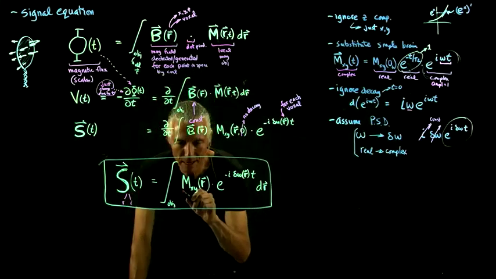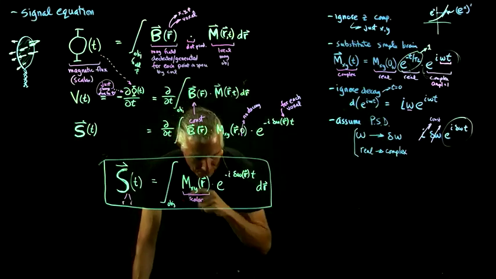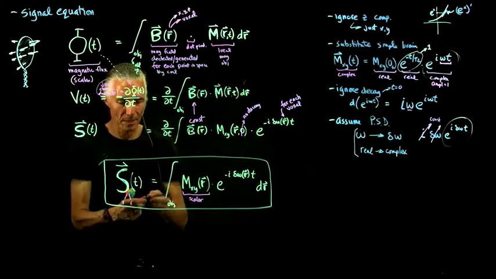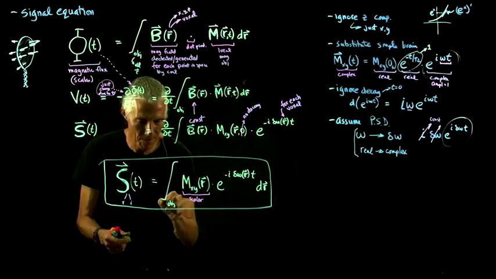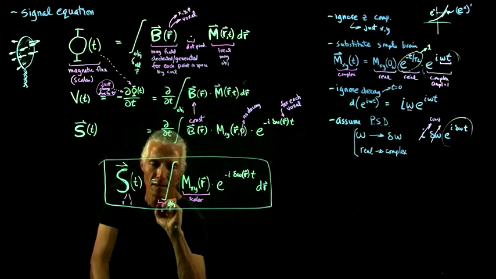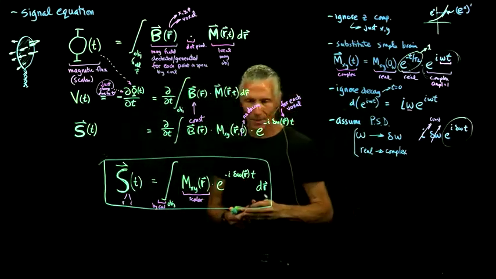This guy is a scalar. It's just the amount. This thing right here, this sum, is just done by the coil. It's summing across the whole object.